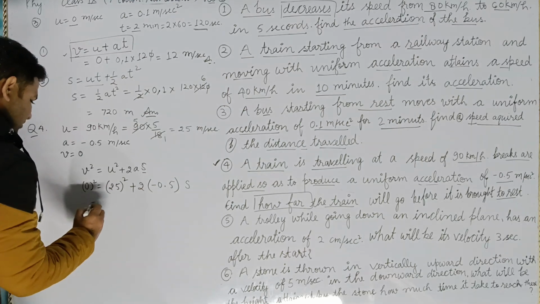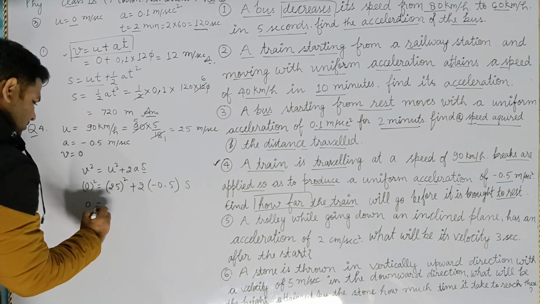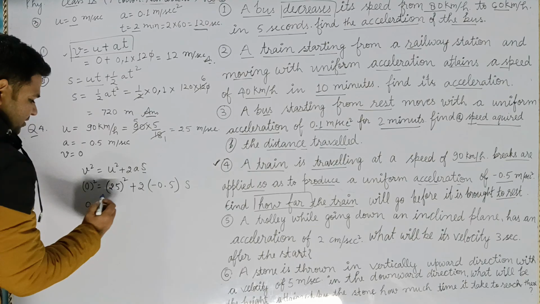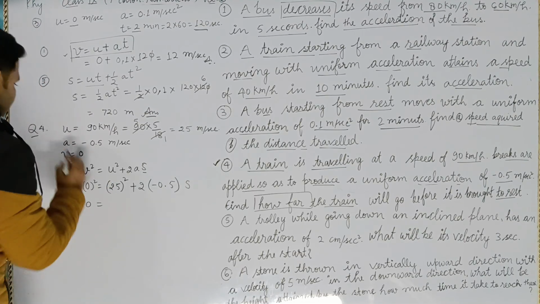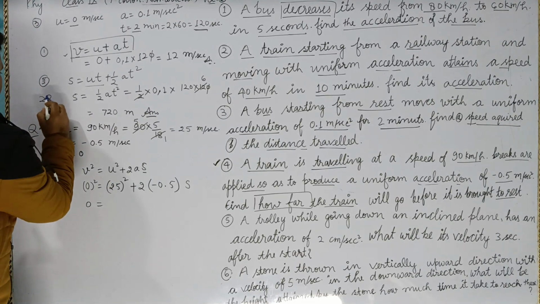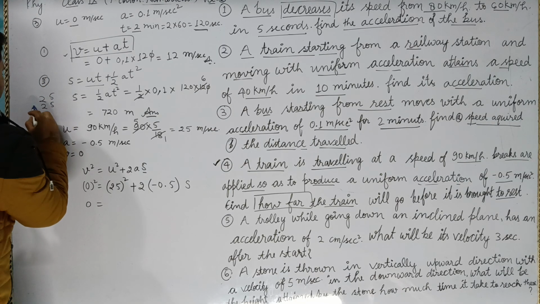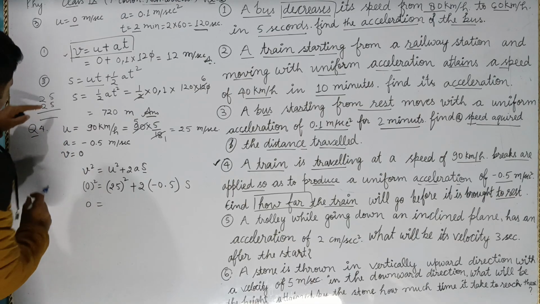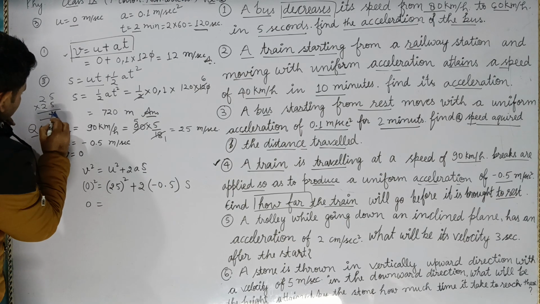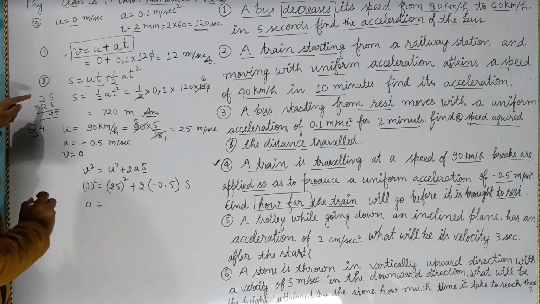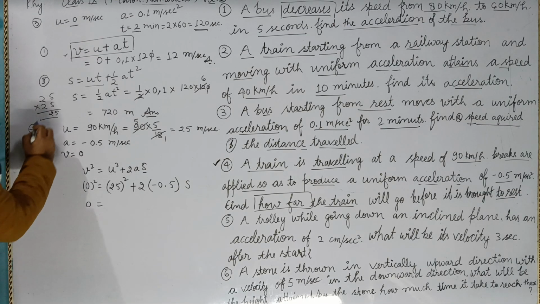Square of 25: 25 into 25. 5 times 5 is 25. 2 times 3 is 6.